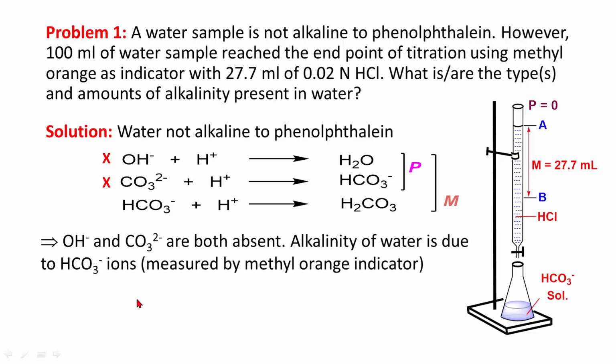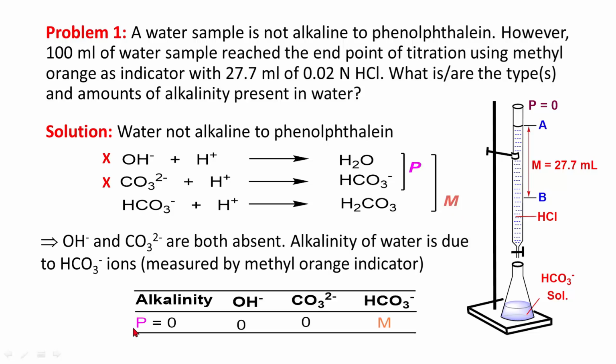Since P is equal to 0, therefore hydroxyl and carbonate ions both are absent. So alkalinity of water is due to the presence of bicarbonate ions, which we can measure with the help of methyl orange indicator. When P is equal to 0, then we have bicarbonate ions.